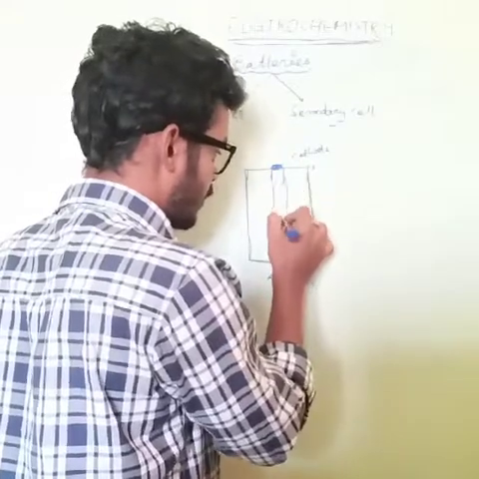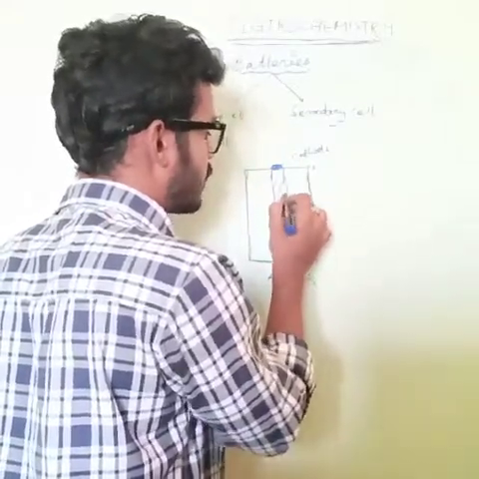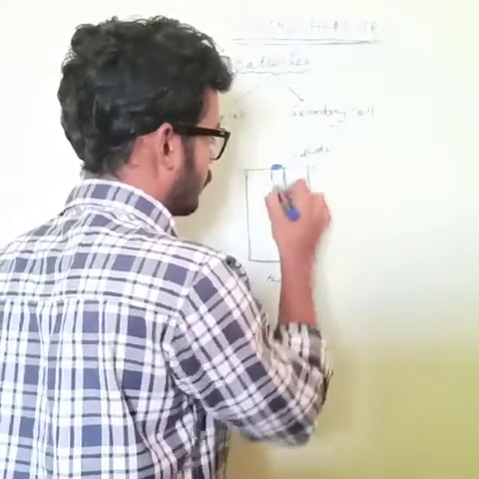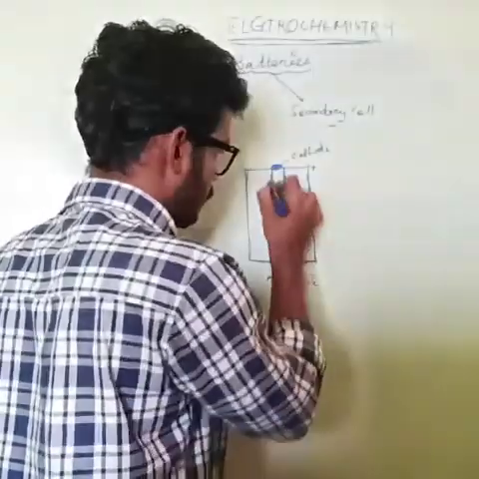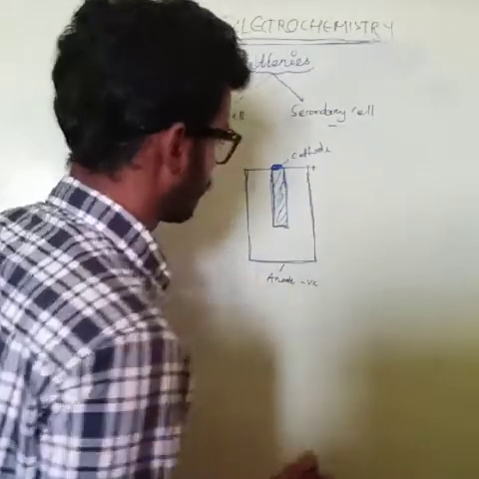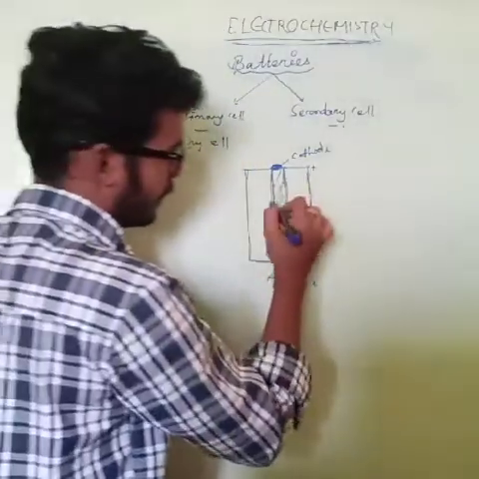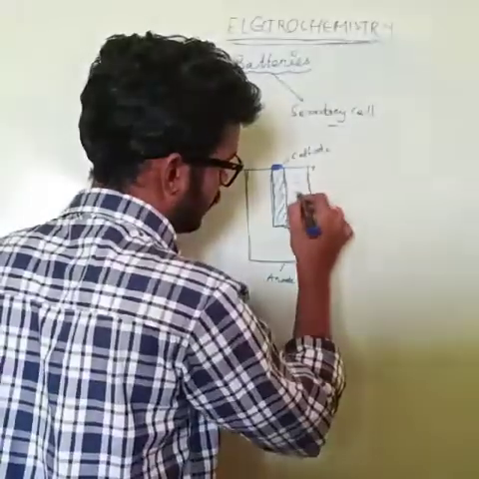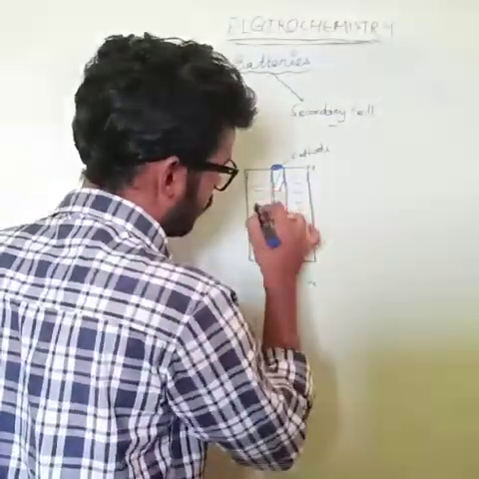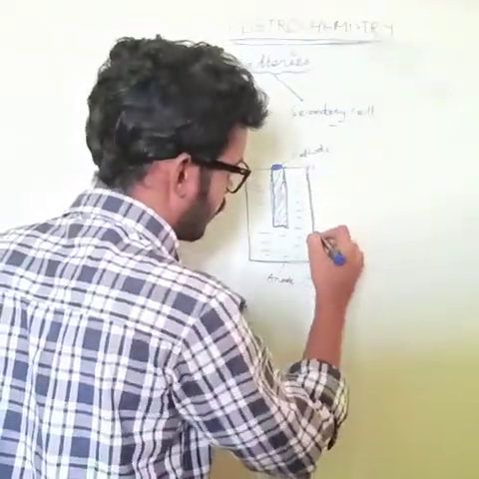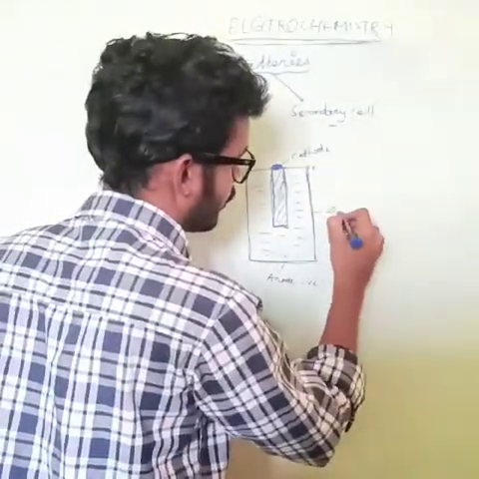So this is graphite, and here a paste is kept, and this is the insulator of zinc.